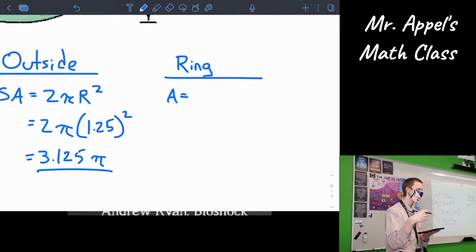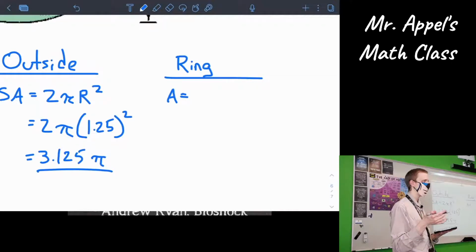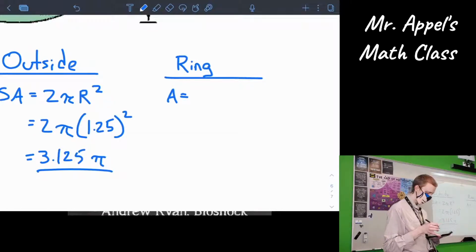Area of a circle is, yes? Area of a circle? What's the formula? Pi r squared, very good.